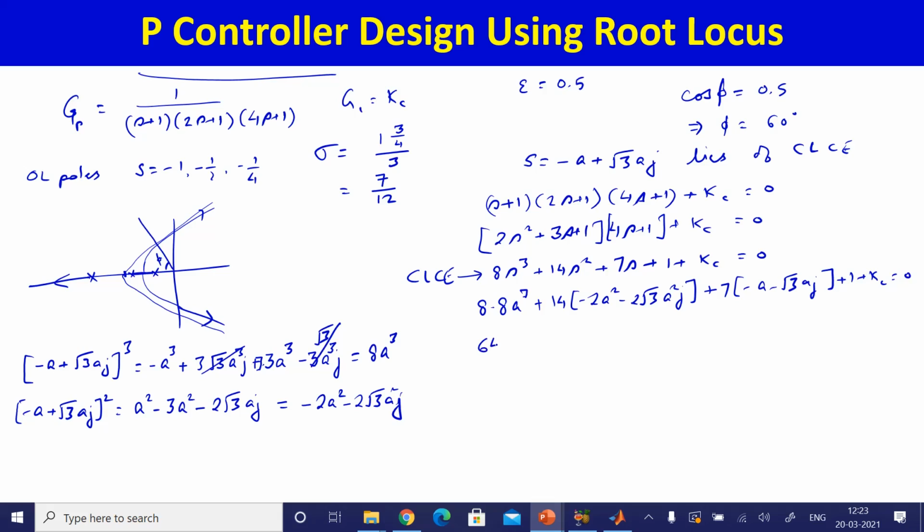So that gives you 64 a cube minus 28 a square minus 28 square root 3 a square j minus 7a plus 1 plus kc is equal to 0.